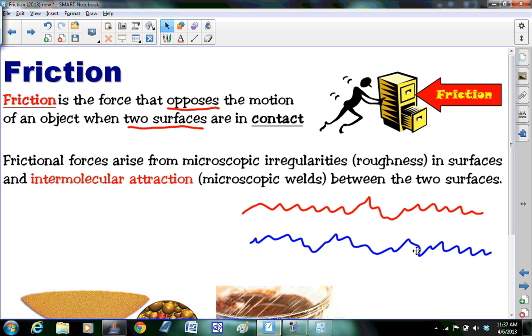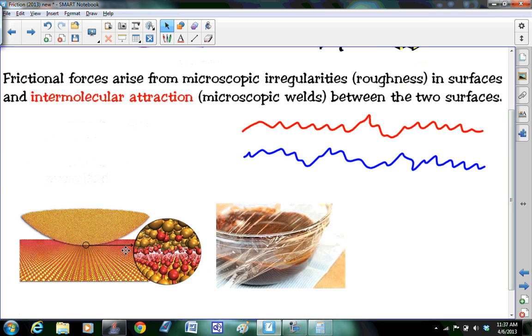The other thing that happens as well is at a molecular level, you see here in this diagram, you see that the atoms of one substance are attracted to the atoms of another substance. So we have quite a few intermolecular bonds or weak bonds, but there's quite a few bonds occurring. And they cause surfaces to adhere, such as the surface of the saran wrap over here adhering to the glass.